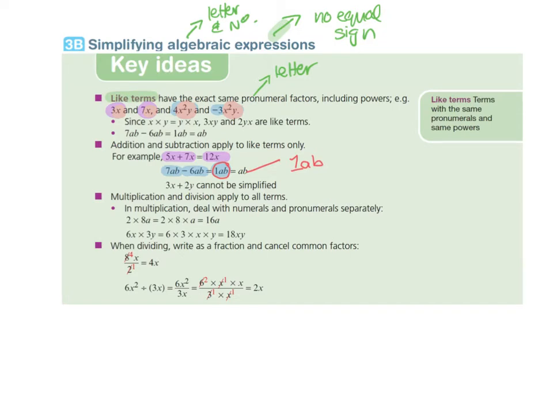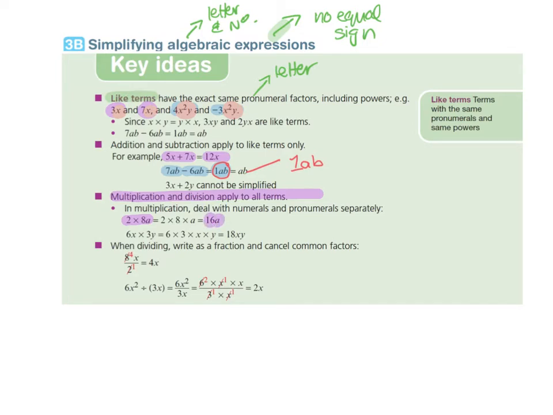All right, now we're going to multiply algebraic terms. You don't need to have like terms. You just simply put them all together. So for example, if you had 2 times 8a, you times the 2 and the 8, which is 16, and you leave the a there.